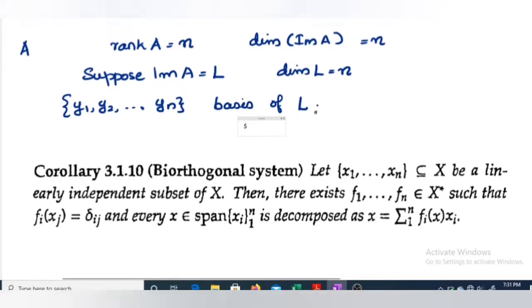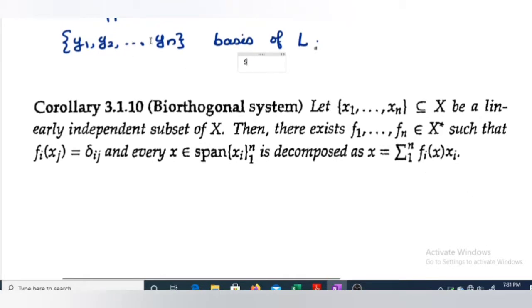So similarly, y1, y2, etc., yn is a basis, a linearly independent system. Therefore correspondingly there exist y1 star, y2 star, etc., yn star, all belonging to Y star.